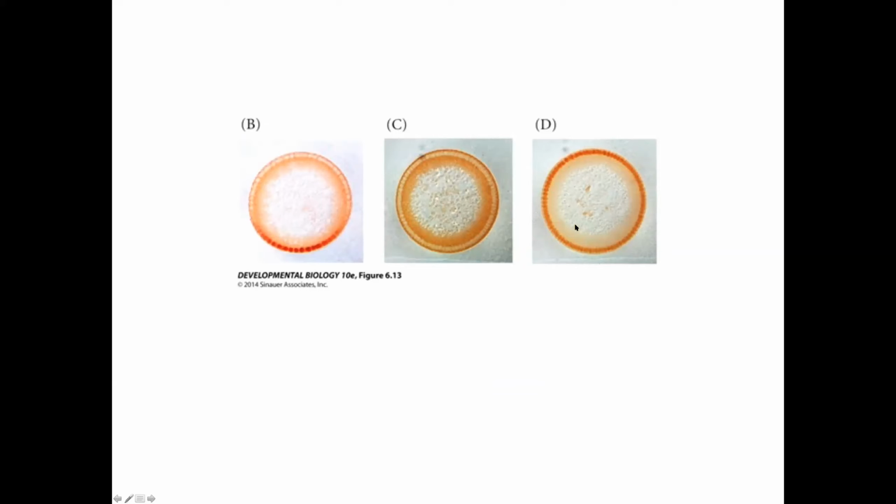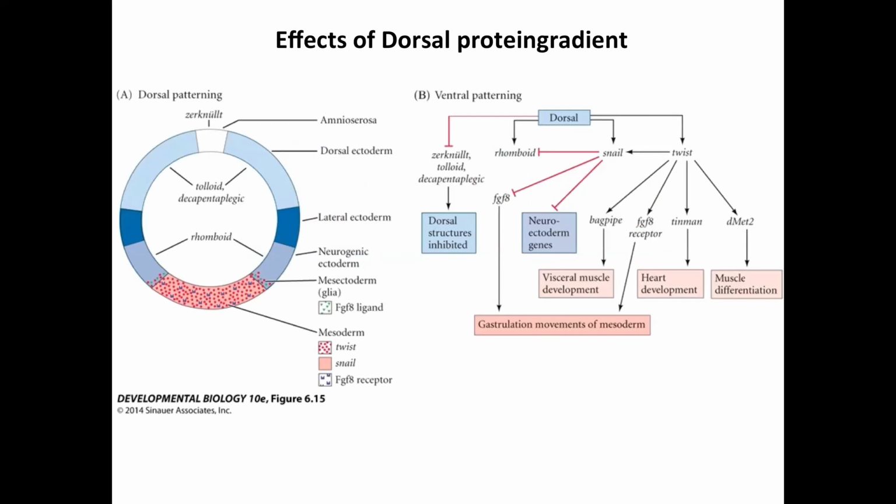So this is a completely dorsalized embryo where there is no Toll signaling, no Dorsal into the nucleus. And this is a completely ventralized embryo because Dorsal signaling is seen everywhere. So this is how loss of function or gain of function of Dorsal activity is going to affect the specification of the dorsal ventral axis.